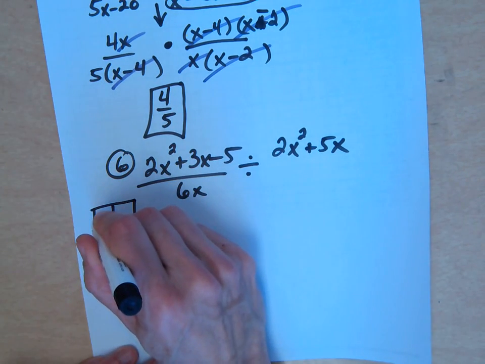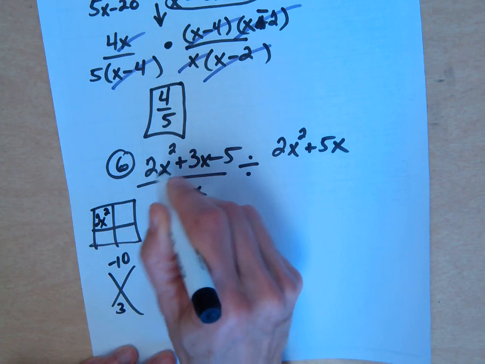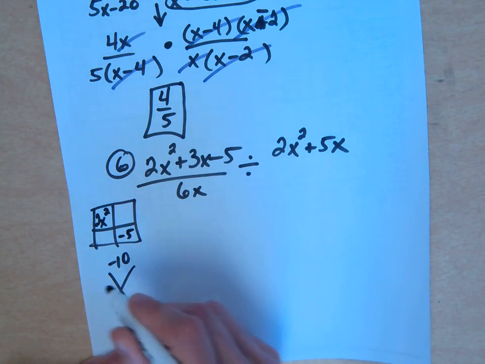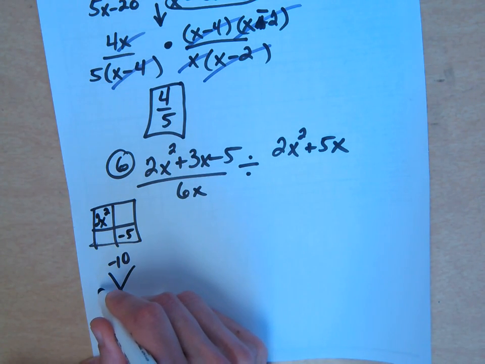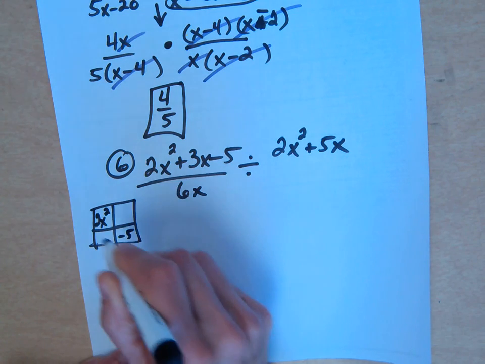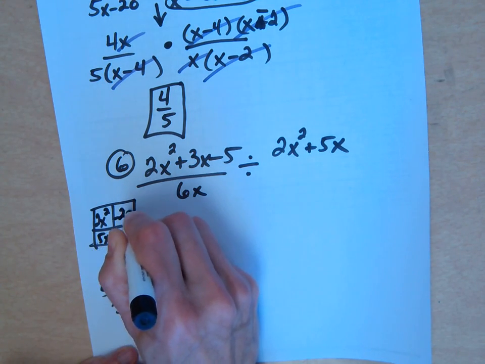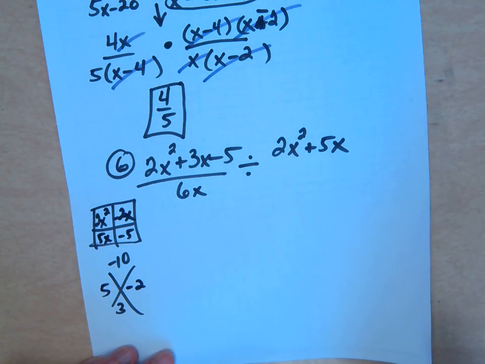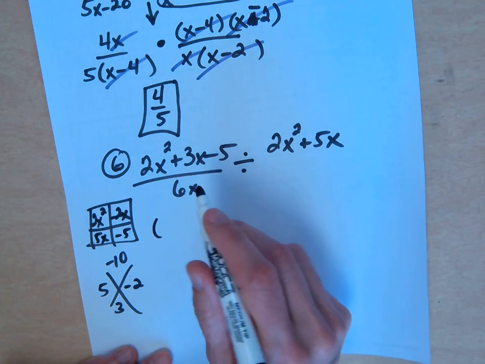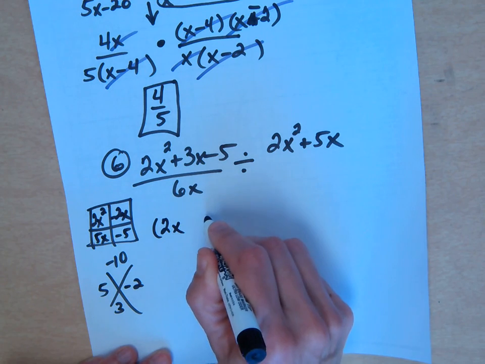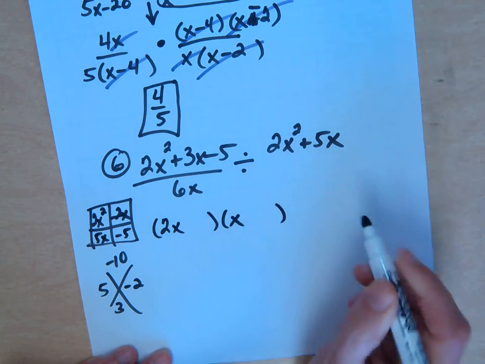So if you are going to use the rectangles, that goes in the first box, that goes in the last box, and 5 and negative 2, so 5x and negative 2x, and if you fill in the outside, you'll have it. Or you do guess and check. So I know that it has to be 2x and x.